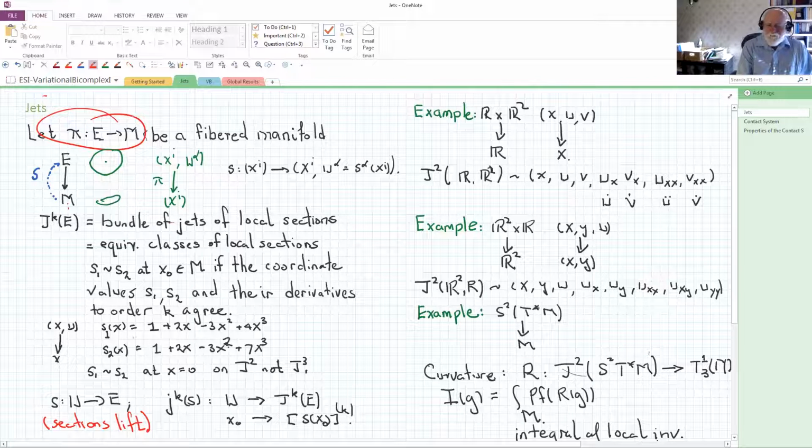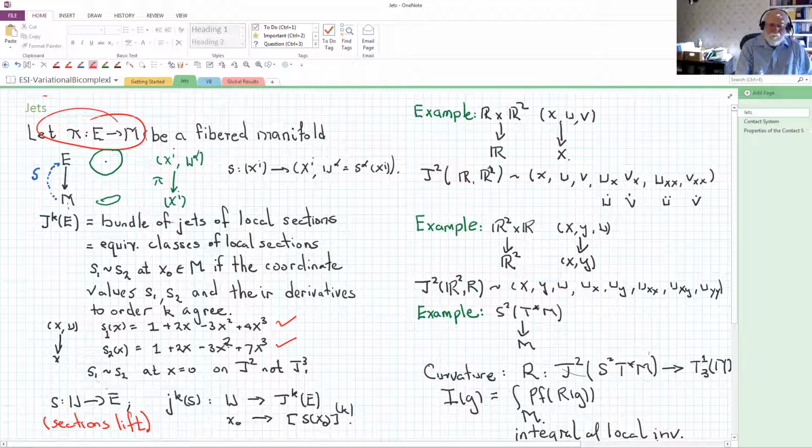Let's just look at a very trivial example. Suppose we just have one independent and one dependent variable. Then I can just think of a section as a function of x. So here are two functions of x. If I calculate the partial derivatives at x equals 0, then I see that these two sections have the same derivatives at x equal to 0 up to order 2, but different derivatives at the origin at order 3.